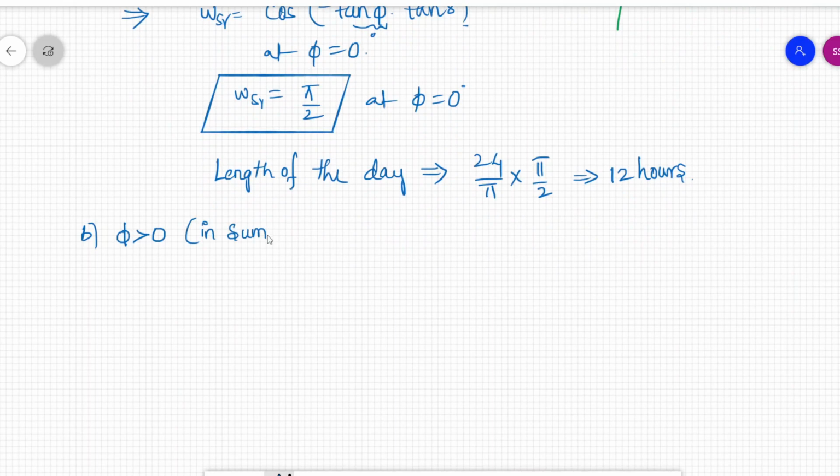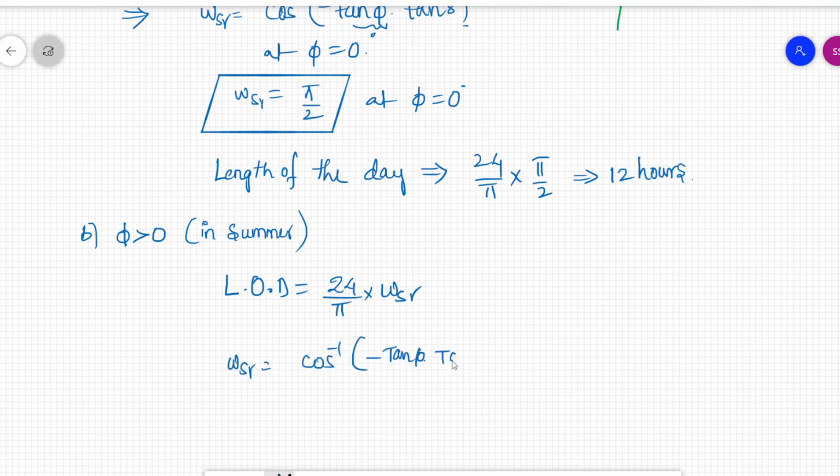What is the value of the length of the day in summer? We know length of the day equal to 24 by pi into omega SR. So what is omega SR? Omega SR equal to cos inverse of minus tan phi into tan delta. In summer delta is positive, delta is greater than 0.